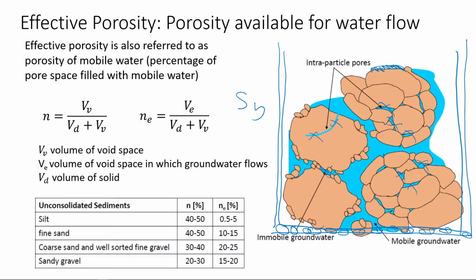Obviously, fine sand, coarse sand, and gravel will have a very high specific yield. The specific yield of silt will be very low because it has low effective porosity, while these others have high.